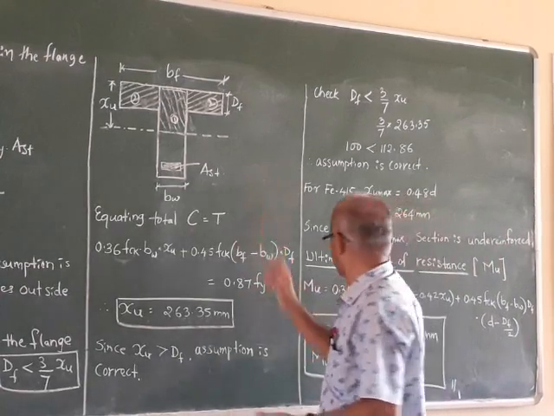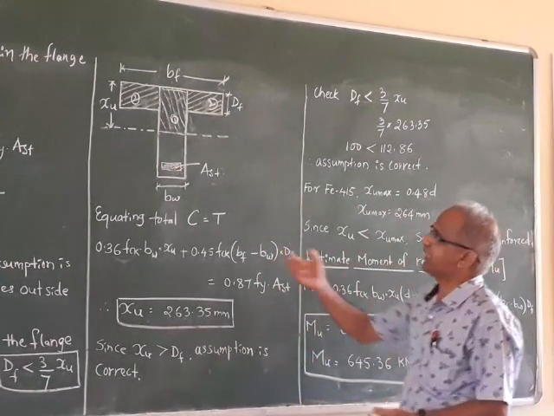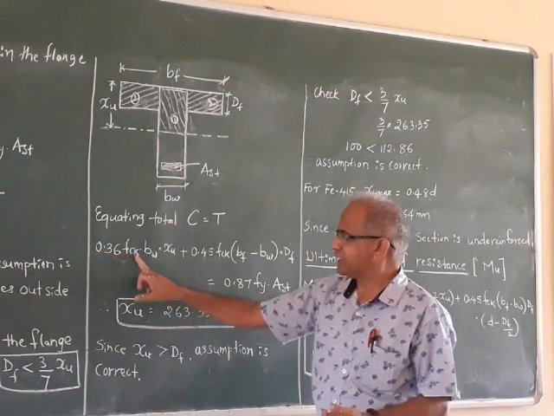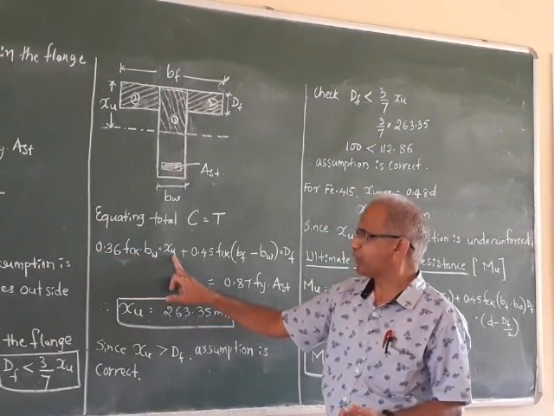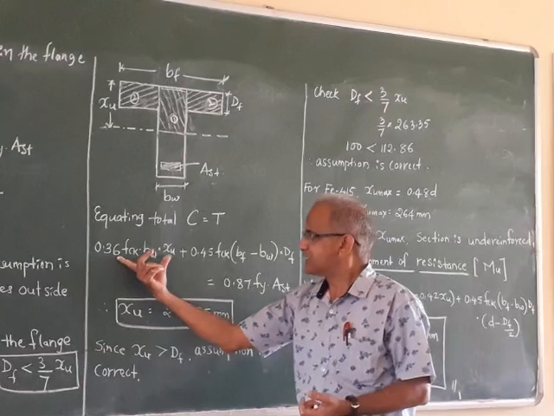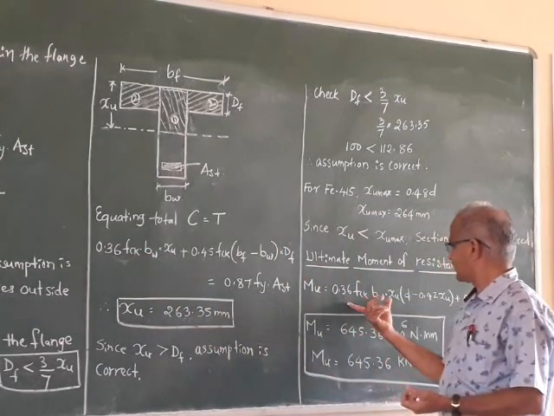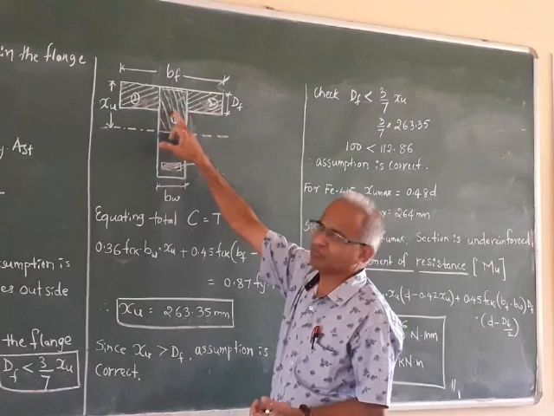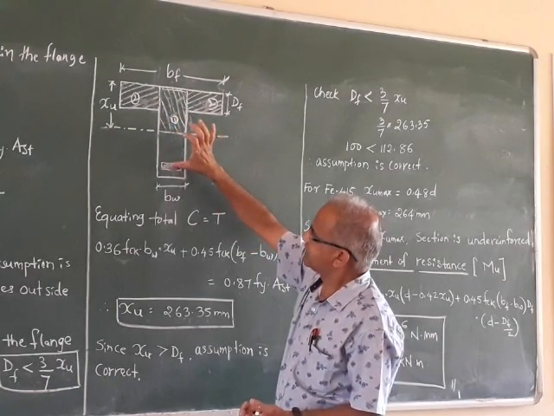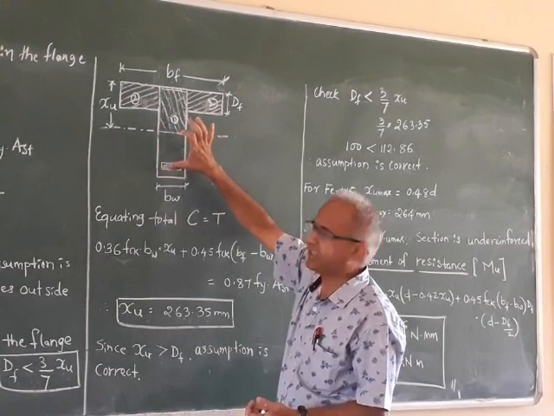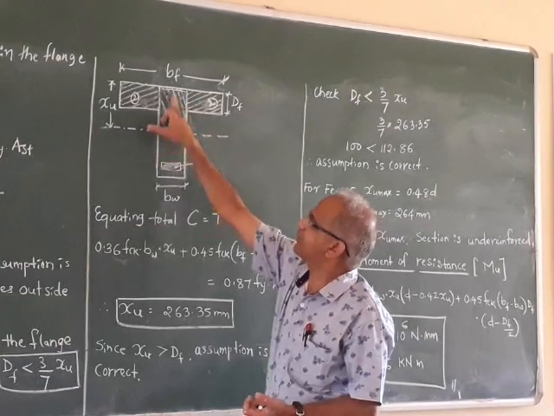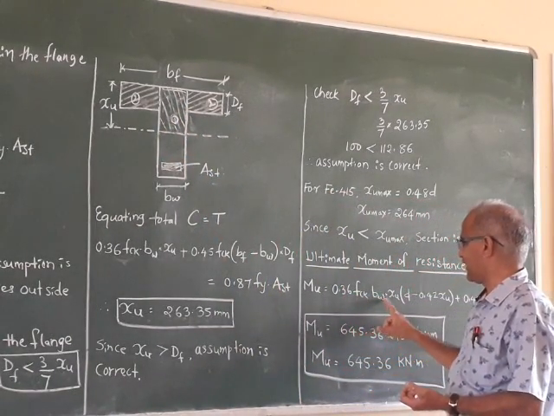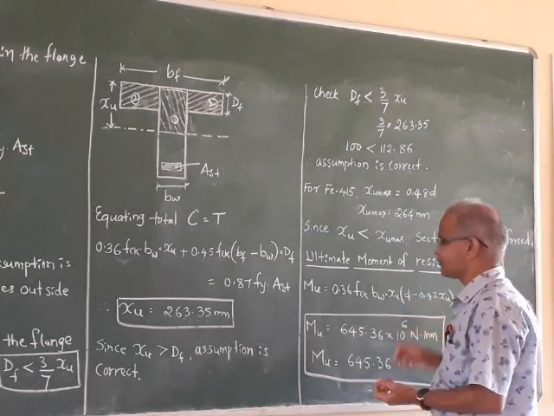Now 0.36 FCK BW into XU, this is C1 that you have written here, C1 into lever arm. Lever arm means the distance between the steel and the center of this rectangle. So 0.36 FCK BW into XU, into D minus 0.42 XU.